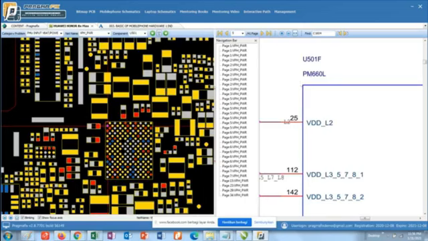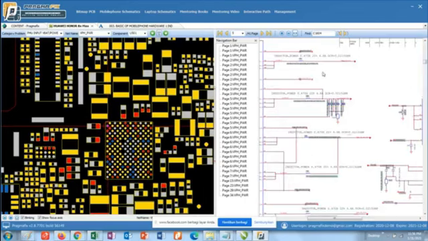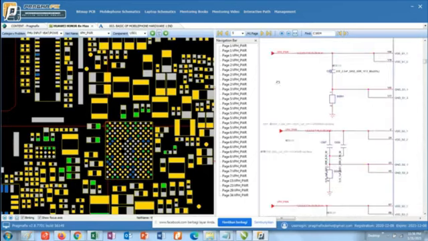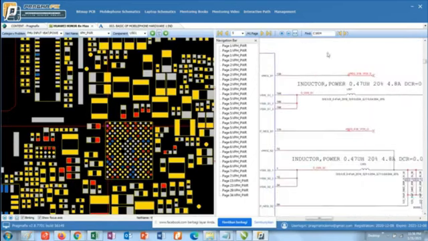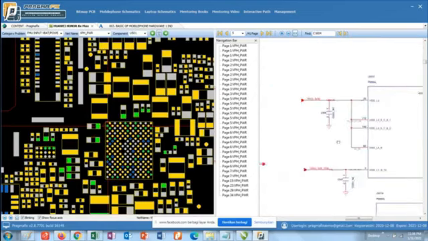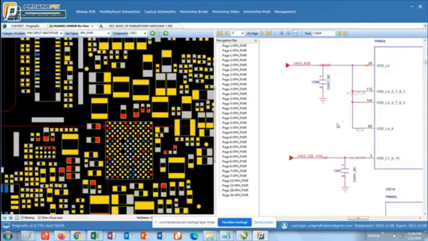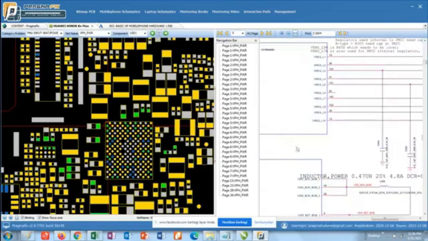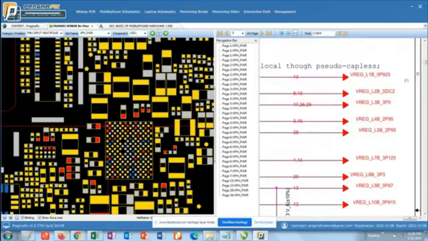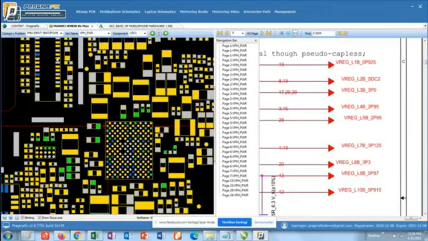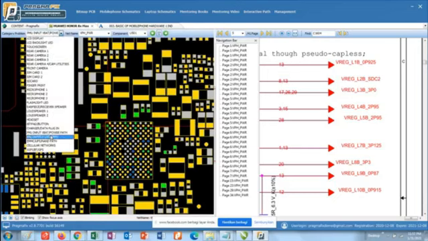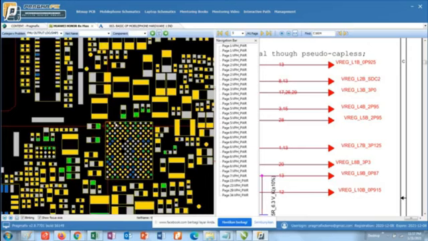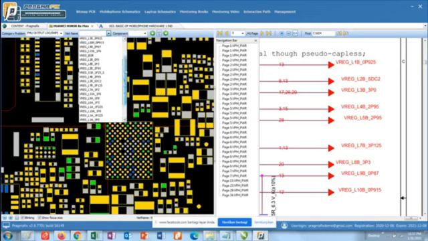If the input is approximately 4 volts, this means that U501, from the PM660L, is using VPH power. Here it is used as input for various SMPS. Later the SMPS results are used again as input for various LDOs. The LDO is used to supply that.